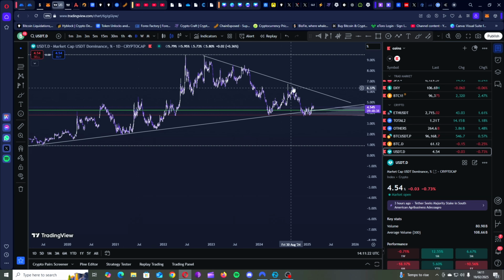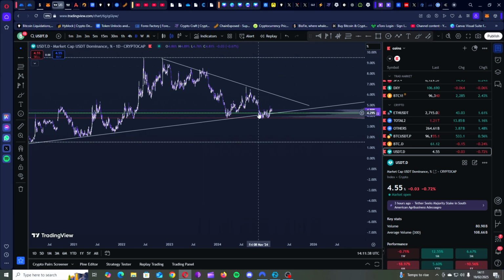Up, up, down, down, up, consolidation, consolidation, up, consolidation, up. Just from a structural point of view. So be aware. Just be aware of that.